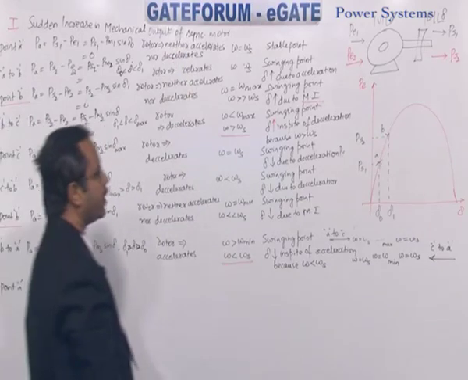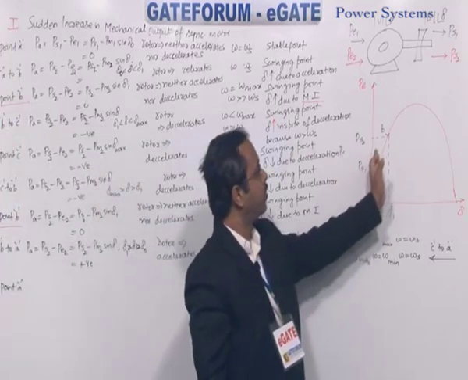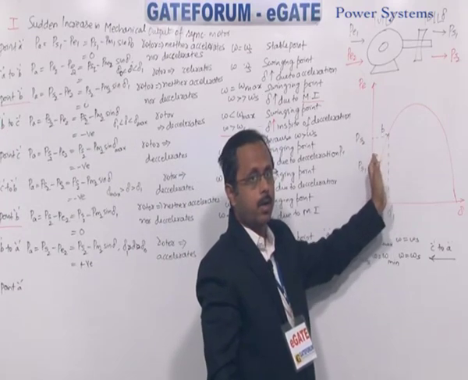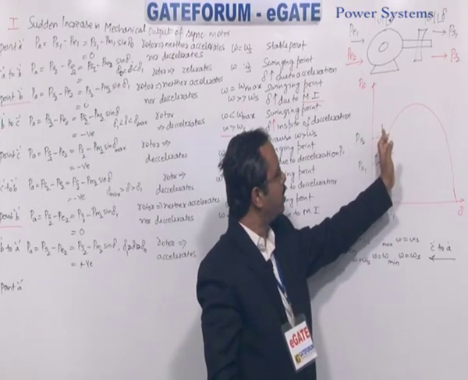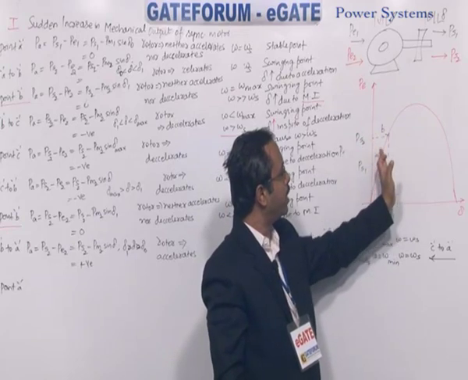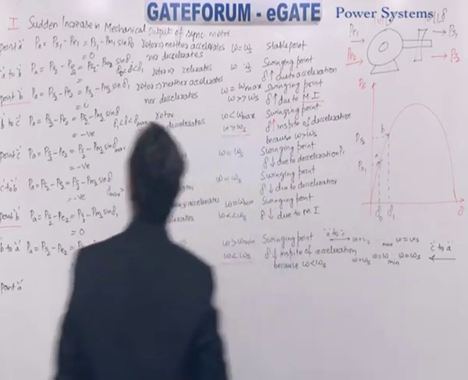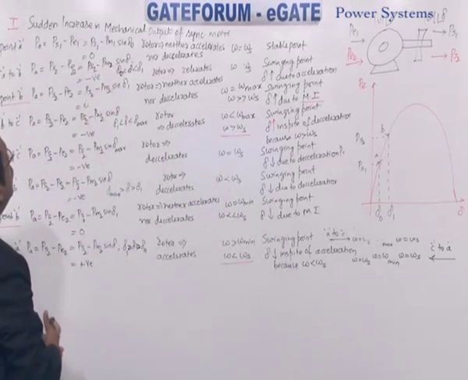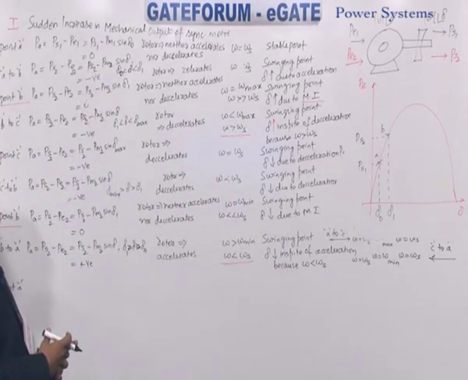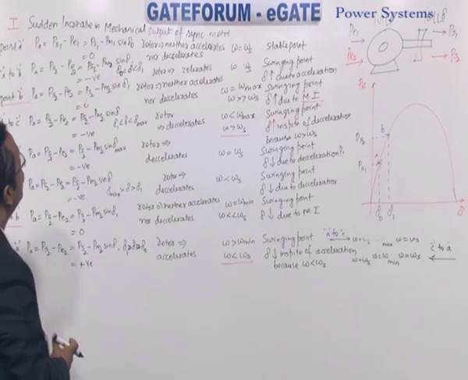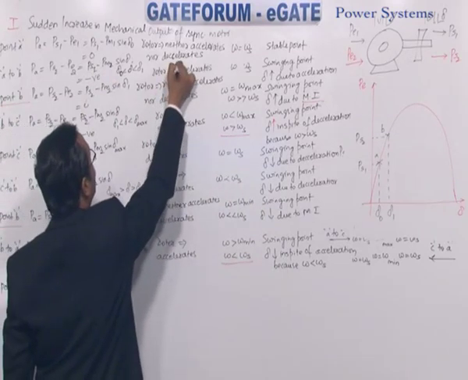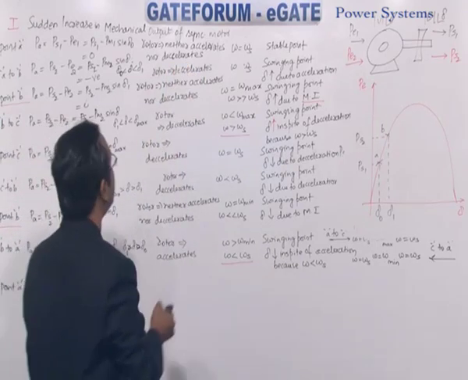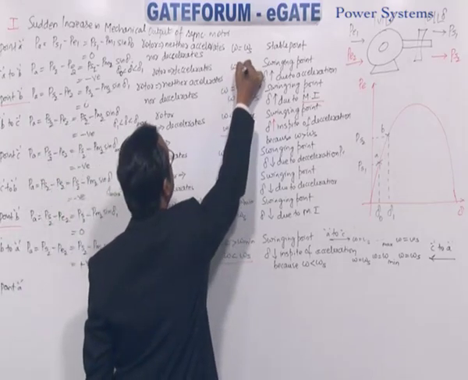Now you check from A to B. Now mechanical output is greater than the electrical input. So what about the difference now? It is negative. If PA is negative, what about the rotor? It decelerates, so omega is less than omega s.